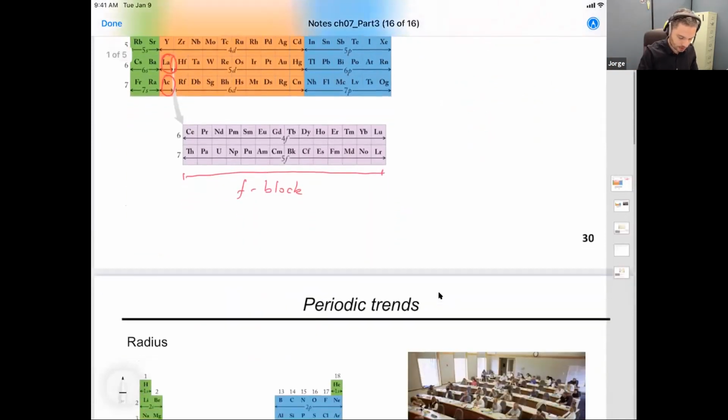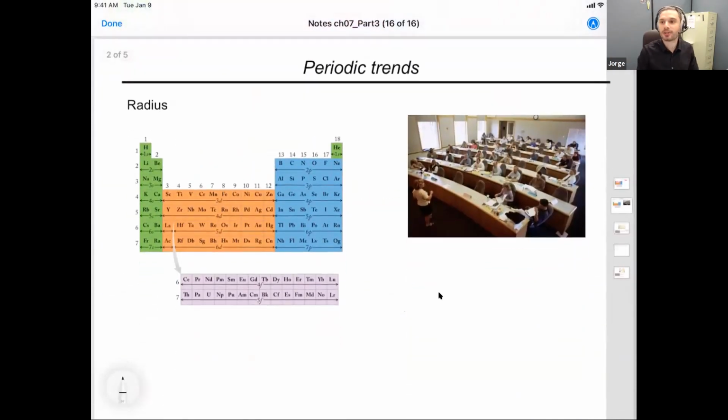All right. So now let's start talking about the periodic trends, and I will show you just the radius today, and that will be enough for today. Remember that periodic trends are something that starts in the first column, has some sort of trend along the rows.